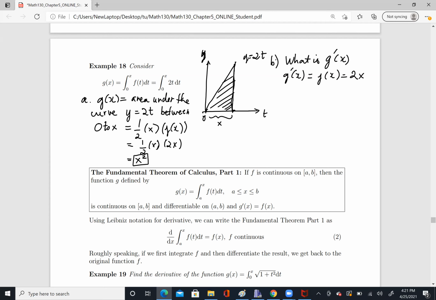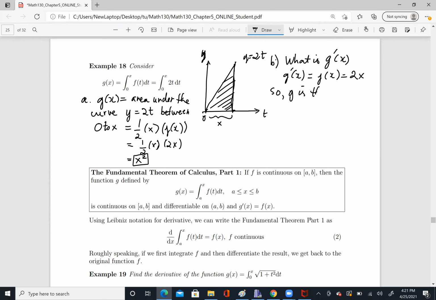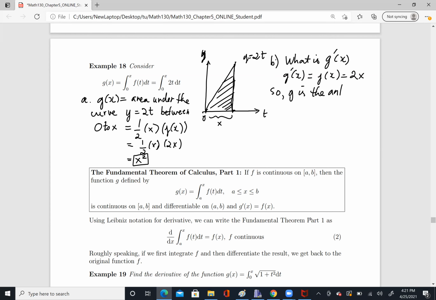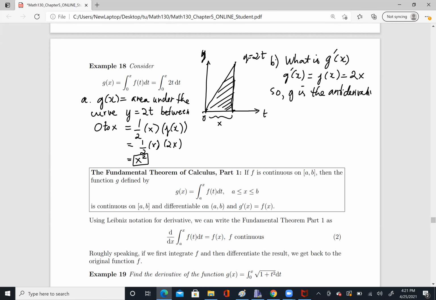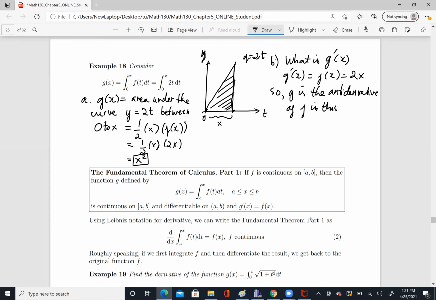And then g is the entire derivative of f in this case.